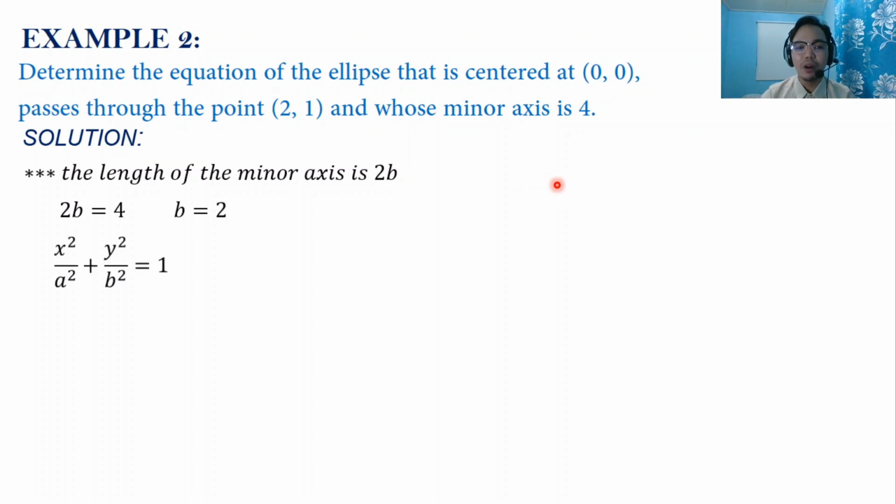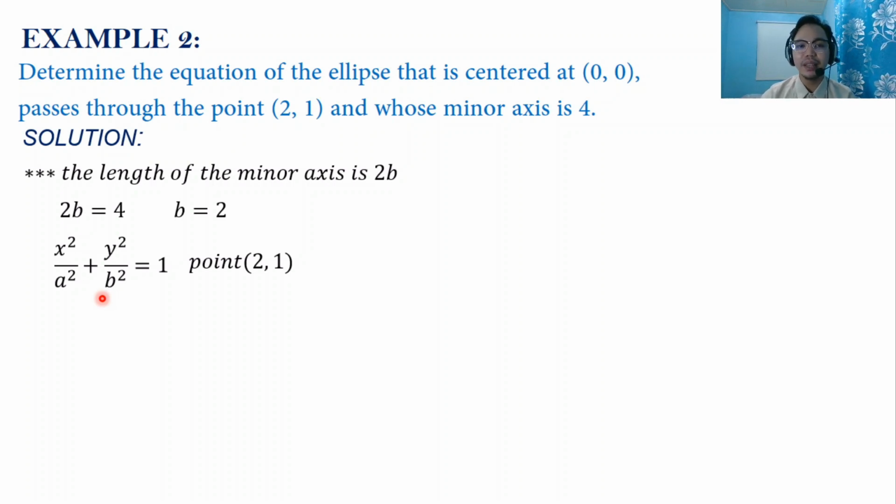Now, this is our original standard equation, that is x squared over a squared plus y squared over b squared equals 1. Then we have the given point 2, 1. So, bakit ba natin kailangan itong mga ito? Because we are going to find the value of a. Because if we have the value of a and the value of b, we are going to have our standard equation of the ellipse.